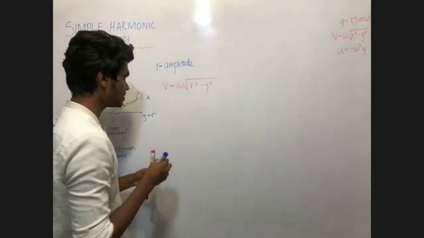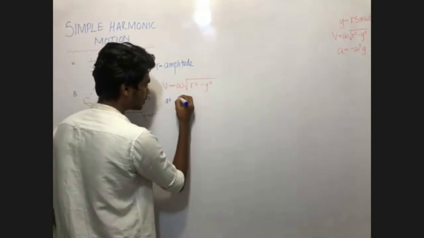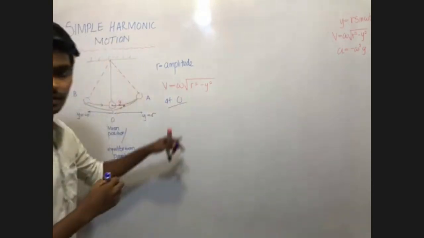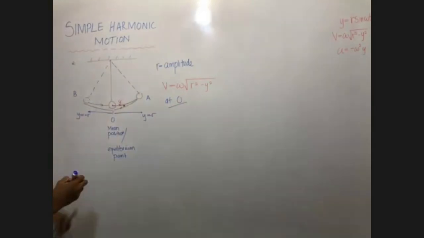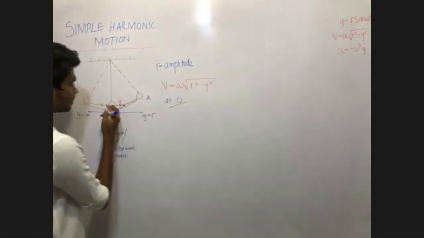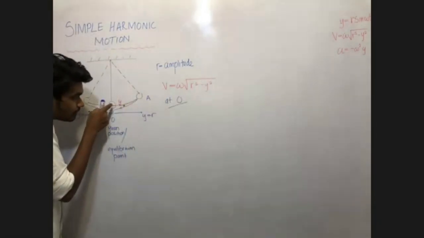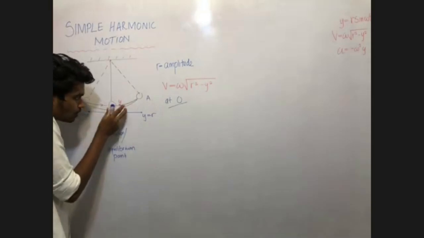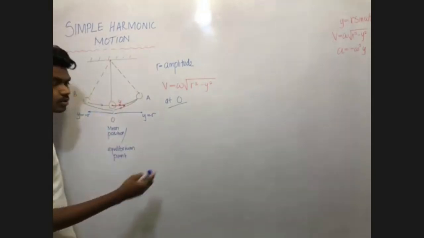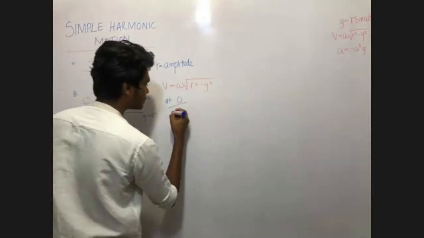What is the velocity at O? So what is y? I told you, it is measured from O. So what is y? No displacement, 0.